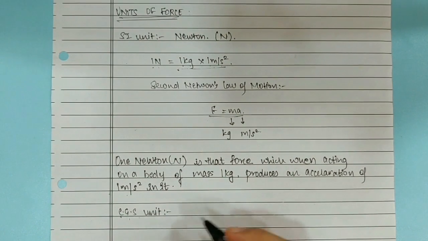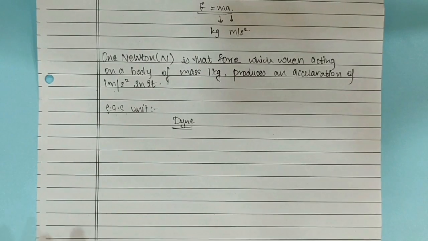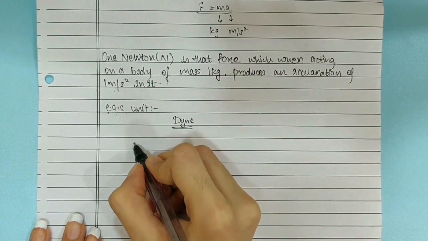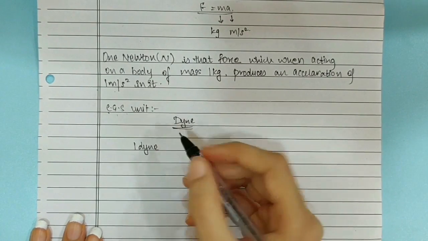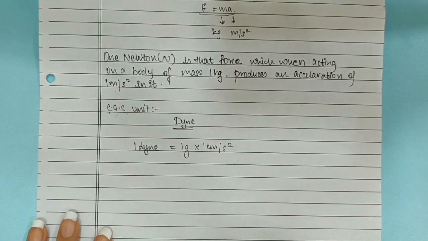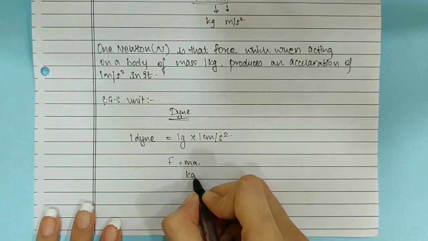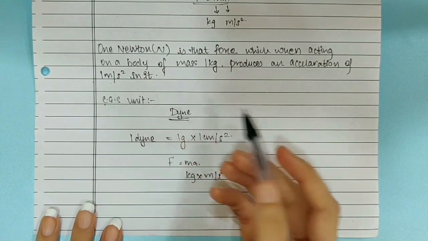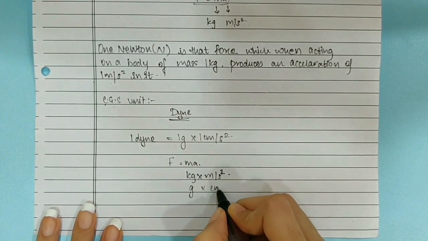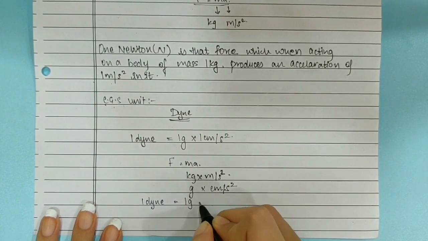In that system, the unit of force is dyne, and the word dyne is always represented with a lowercase d. 1 dyne is equal to 1 gram into 1 centimeter per second square. Here too it comes from F is equal to ma. Earlier we had kg into meter per second square, but in the CGS system the unit of mass is gram and the unit of length is centimeter, while the second remains the same.